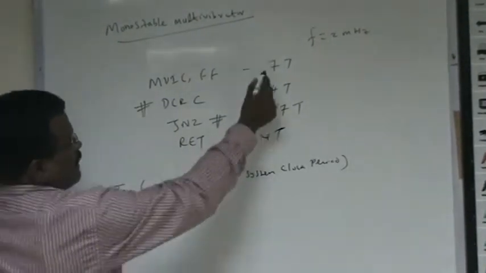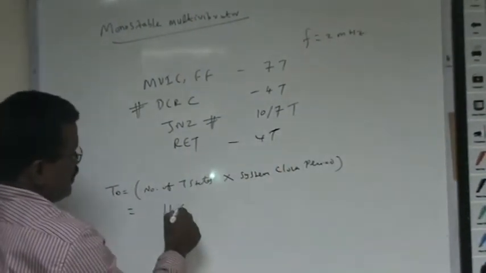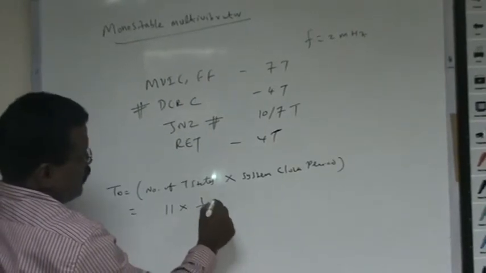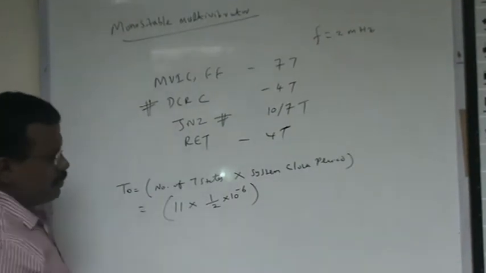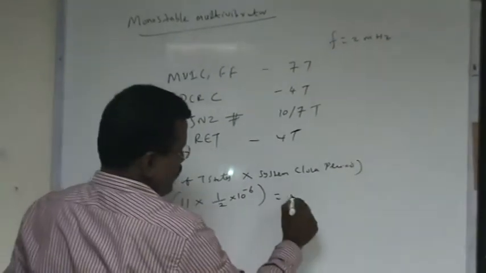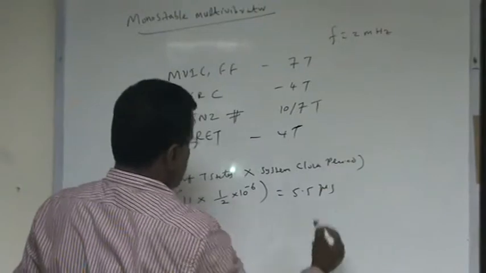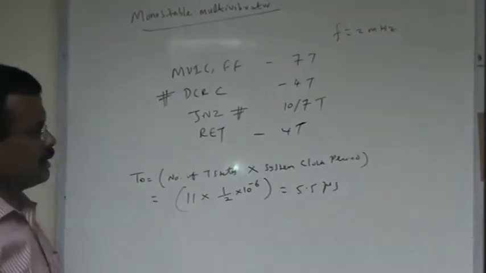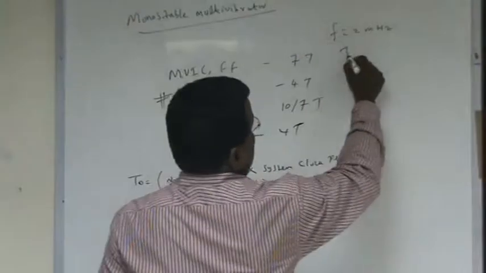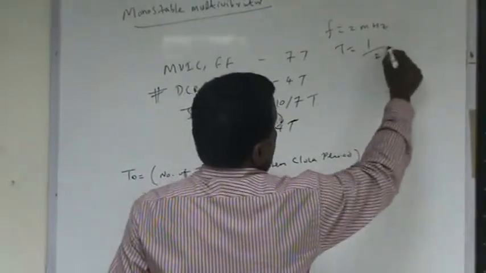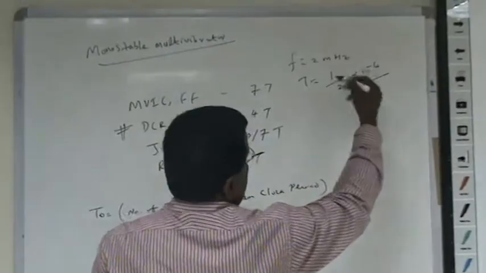So in this case, 7 plus 4 outside is 11, multiplied by 1 by 2 into 10 power minus 6. So it is around 5.5 microseconds. So if the frequency is 2 megahertz, then 1 by 2 into 10 power minus 6 is the system clock period.